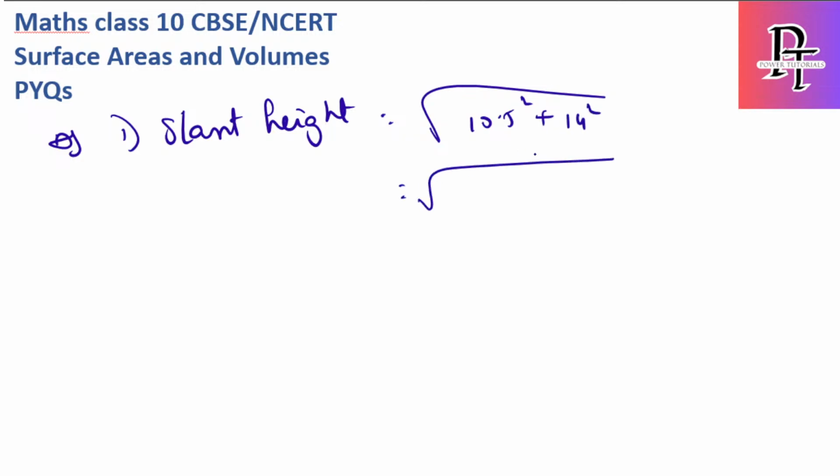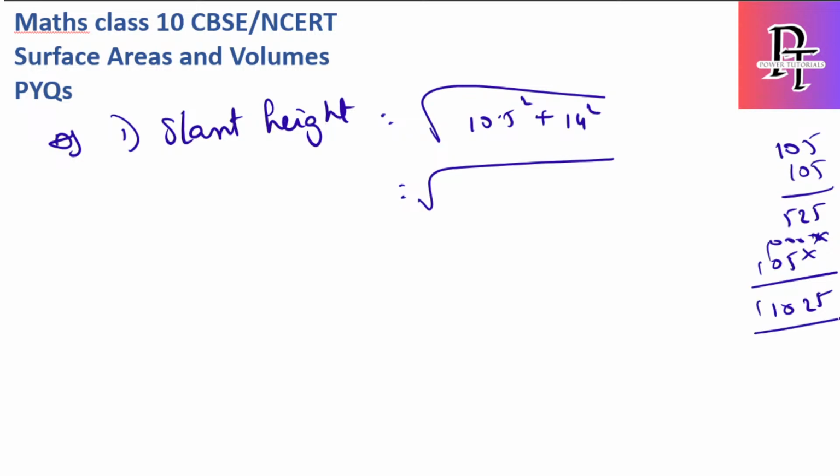Let's find the square of 10.5. It becomes 110.25. 14 square is 196. Let me just cross check. 14 times 14, correct, 196.